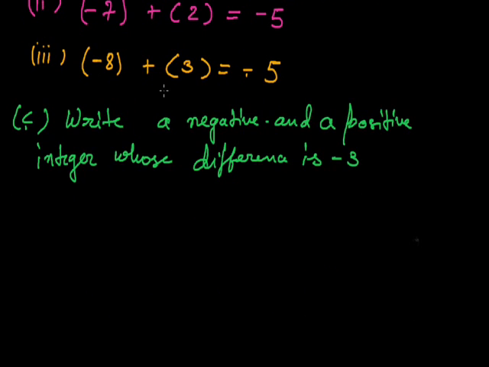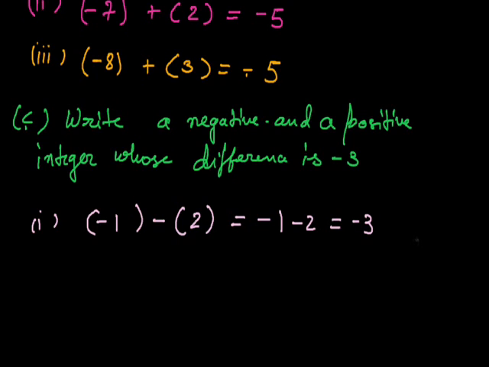You have to choose a negative integer and a positive integer whose difference is -3. Now we can take -1 and another number, since you want the difference, so we will write a minus sign, and we can take 2. So -1 minus 2 will give you -3.